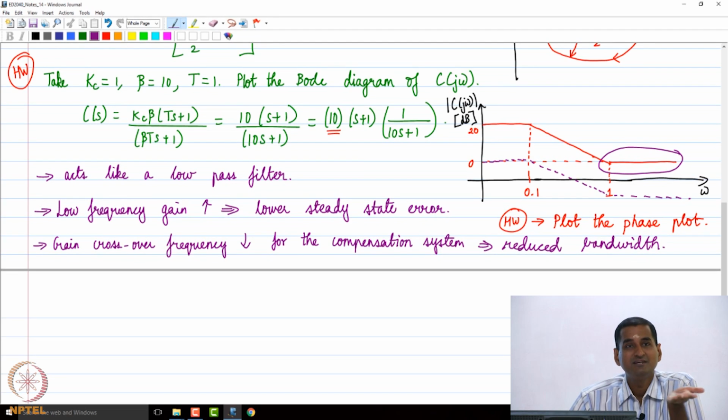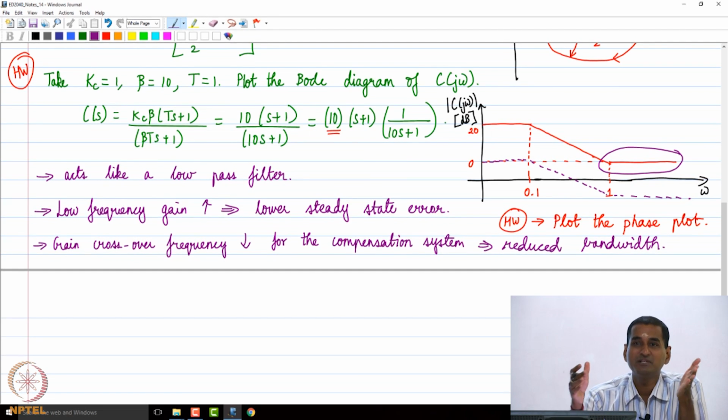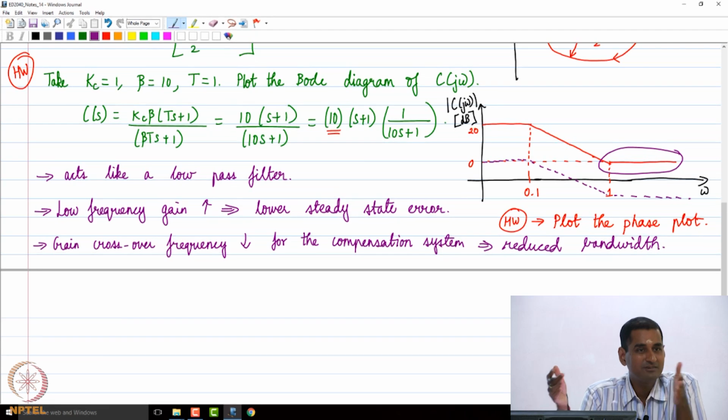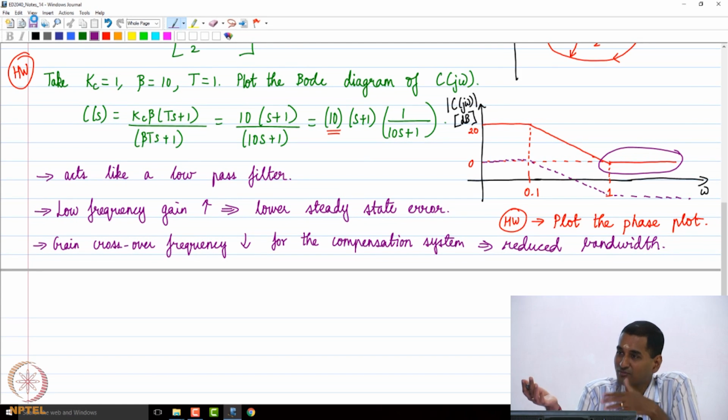So, of course, that is expected, right, because a low pass filter is supposed to attenuate the high frequency components, but the flip side is that when you try to do that, the bandwidth decreases. If the bandwidth decreases, the system's response becomes a little bit slower, right. So, that's a price we need to pay, right, if we want this feature, right.